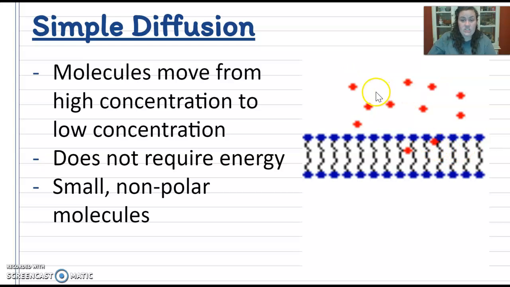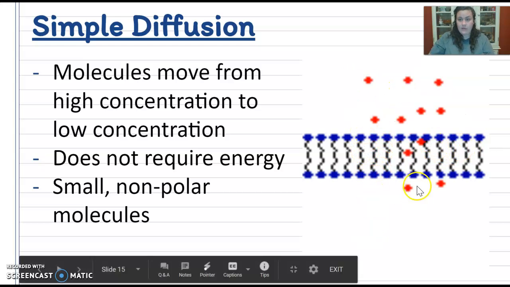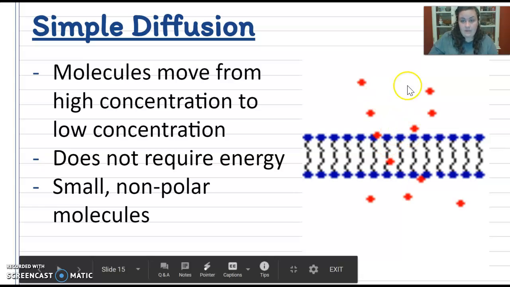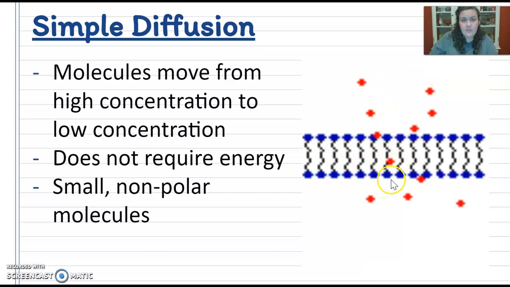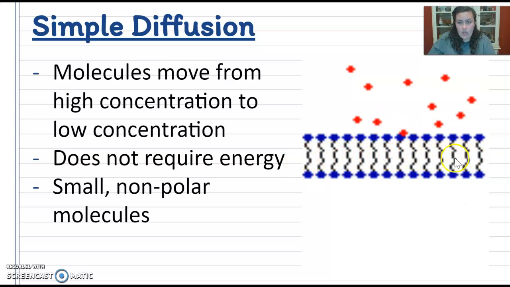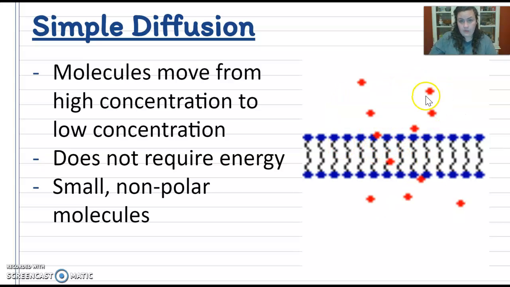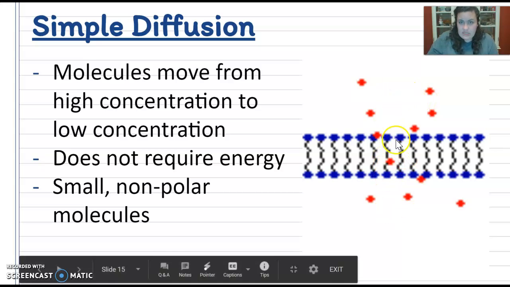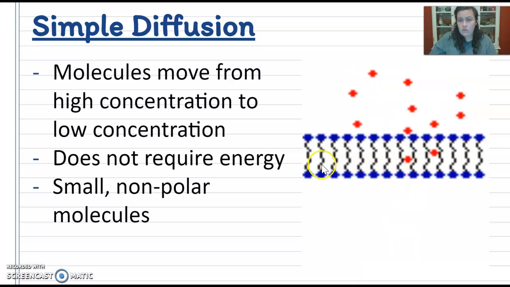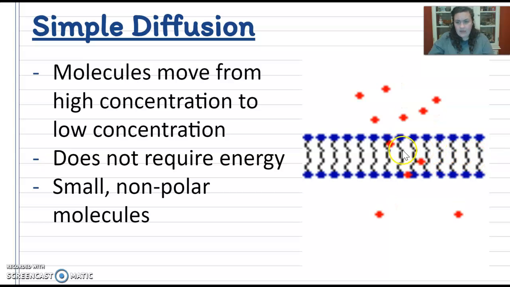So if something just wants to diffuse straight through this membrane, like these red molecules are doing right now, it means that they have to be okay hanging out in this fatty nonpolar layer. So the only kinds of molecules that are okay with that are small nonpolar molecules. So that is what we are diffusing simply through the membrane. Okay, just really small, nonpolar things that are okay with hanging out with fat molecules.